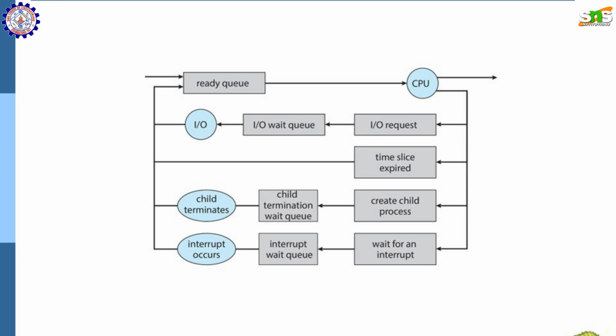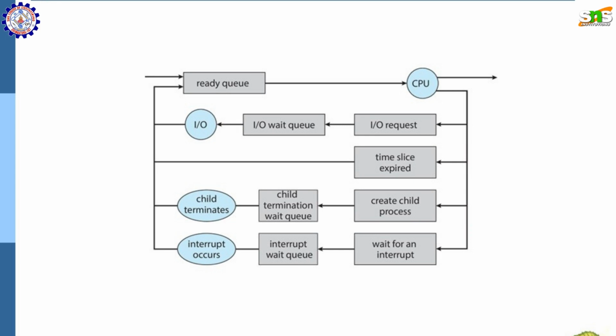Suppose a new child process is created. Then the process goes to the waiting state until the child process gets terminated. When it terminates, the process moves again to the ready queue, the CPU is allocated, and it gets terminated.